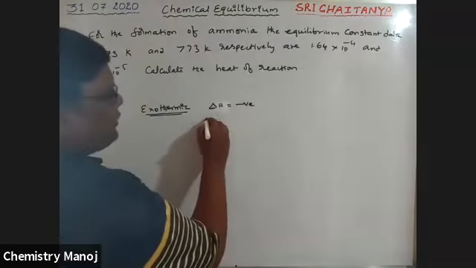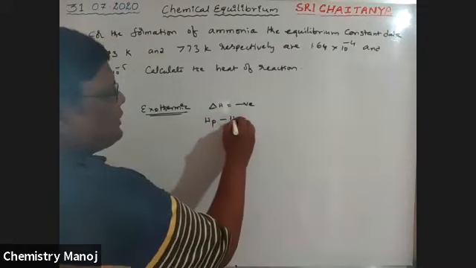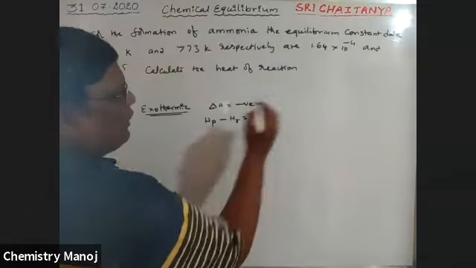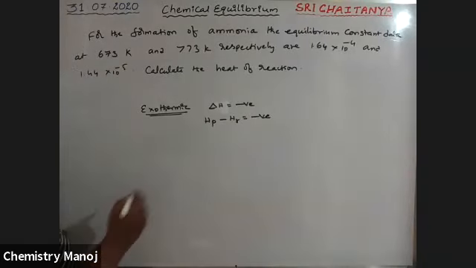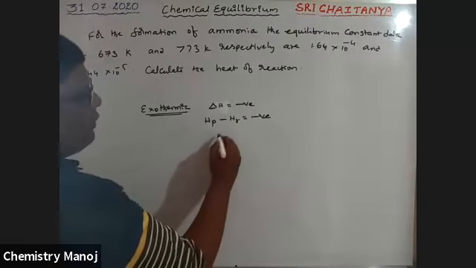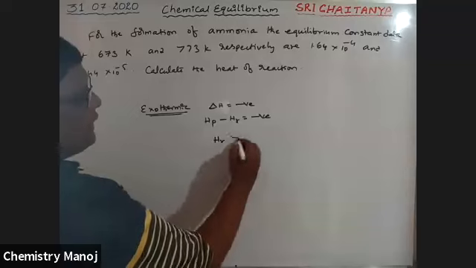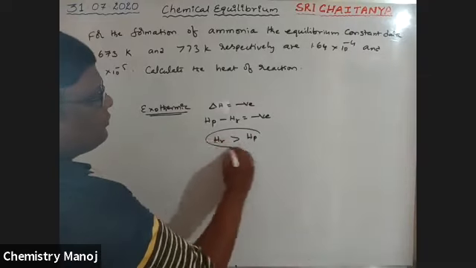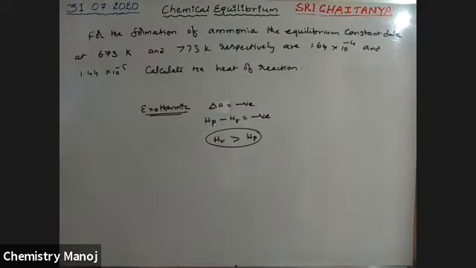Delta H negative means enthalpy of products minus enthalpy of reactants is negative. That means enthalpy of reactants is greater than enthalpy of products.